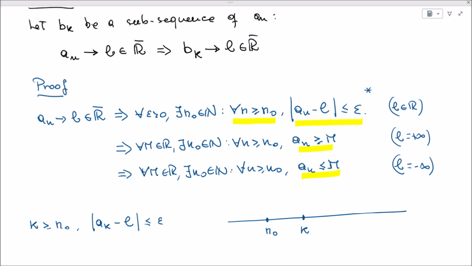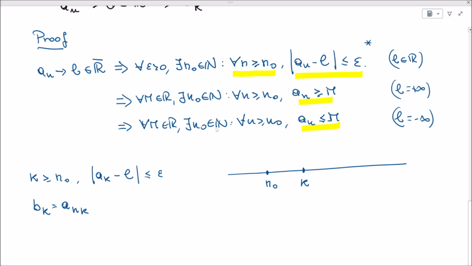Now we know that bk, which is the subsequence, is just a_nk, right? And we know that nk is an increasing sequence. So what we can say is that nk will certainly be larger than or equal to n0, just because for every k larger than or equal to n0, nk will be larger than or equal to n0, since this is an increasing sequence.